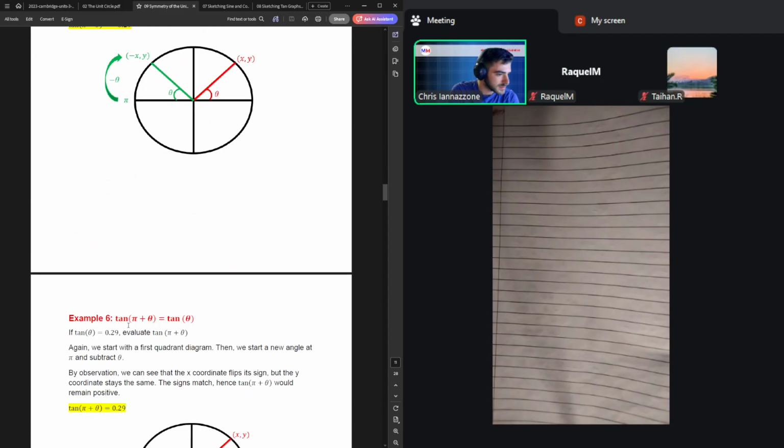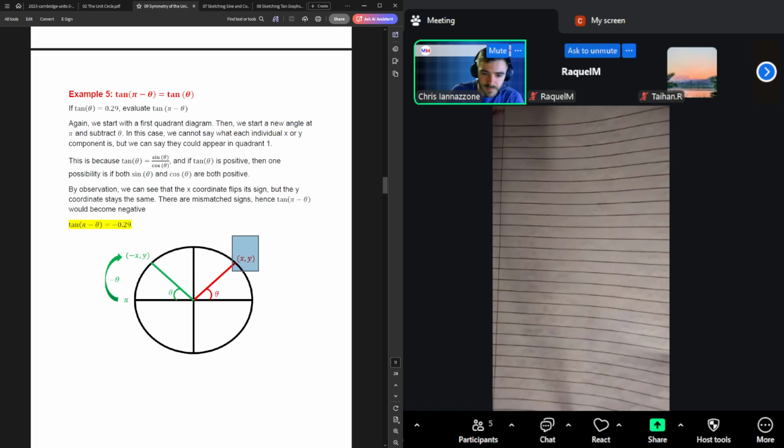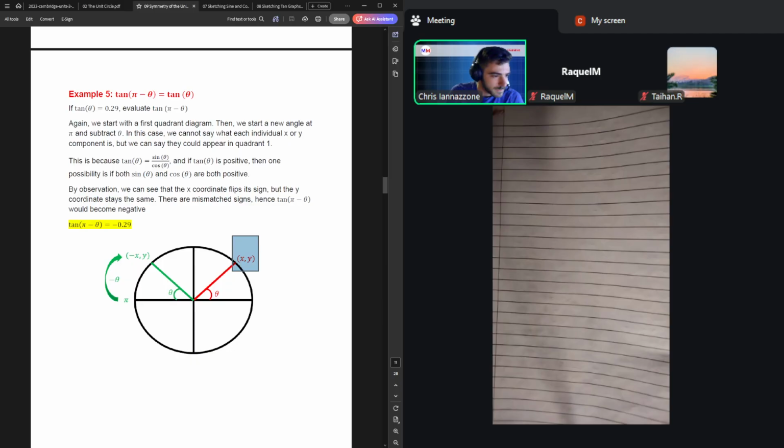We did this with tan, we'll do this one now. So again, pi minus theta puts us in the second quadrant. The only thing that's a bit weird about the tan stuff is it can be a bit harder to label the unit circle, because labeling the unit circle is done with x and y coordinates, whereas tan is the ratio between them. It's the gradient, y divided by x.